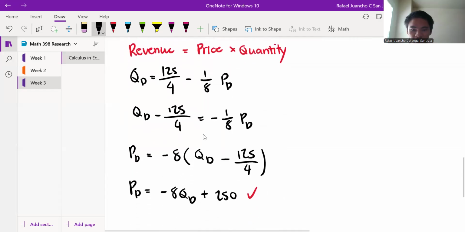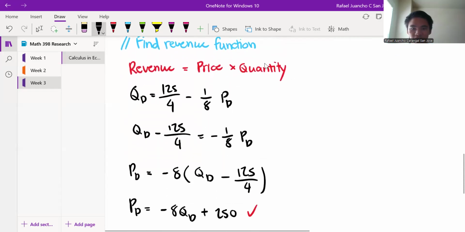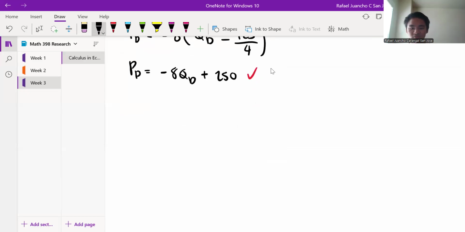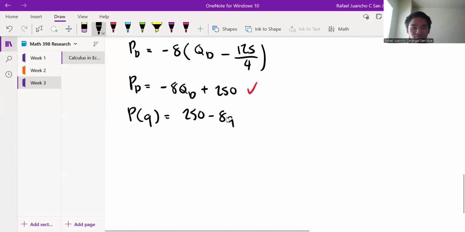Here, I'm going to change PD to price in terms of quantity, so P of Q, and here we have 250 minus 8Q. I hope everyone gets that, because we're just changing quantity to Q and PD to P of Q to make it look like a function.